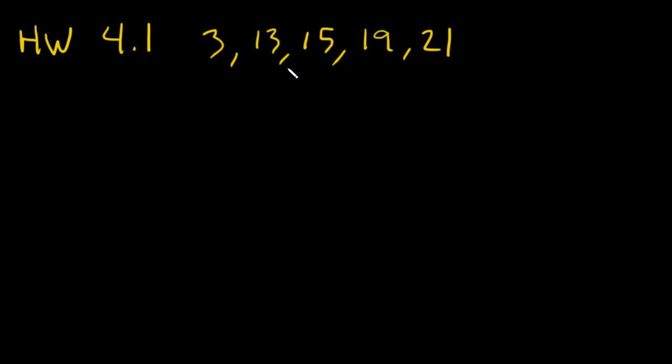So for number 3, you're going to be using the initial conditions in order to find the particular solution. And when it says find a member of the family that is a solution, it's asking for the particular solution. So just use your initial conditions in 3 to find the particular solution to eliminate your C1 and your C2. And then in number 13, you're going to be doing the same thing, but now you're dealing with boundary values.